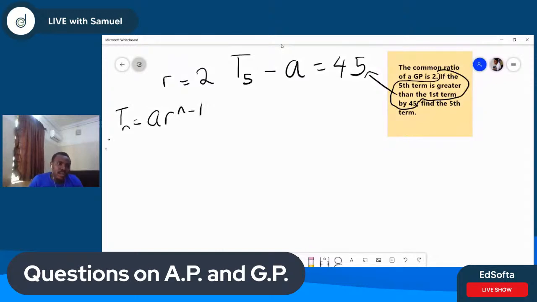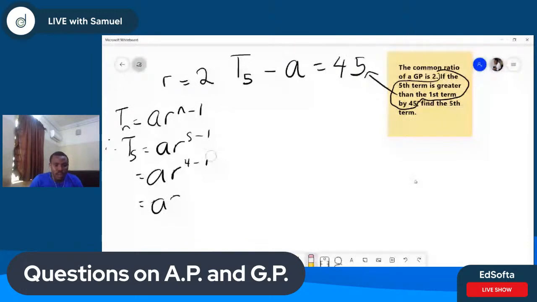So therefore, T5 will be A R raised to power 5 minus 1, which is A R raised to power 4.